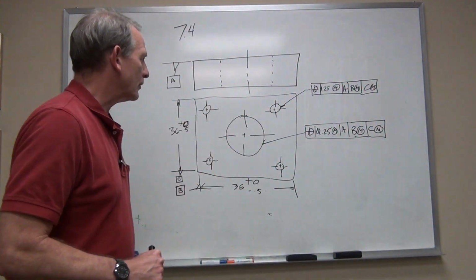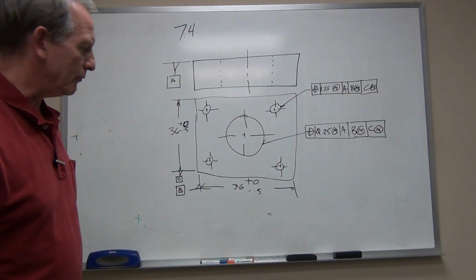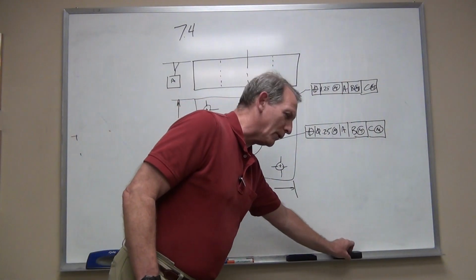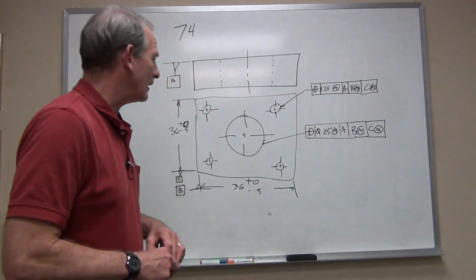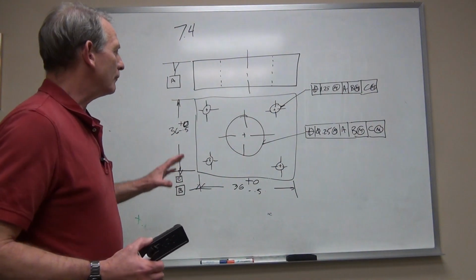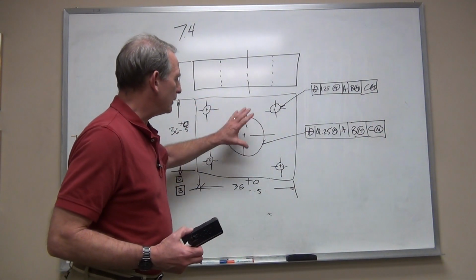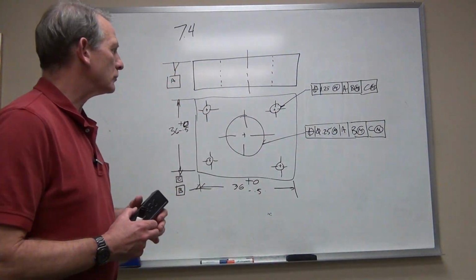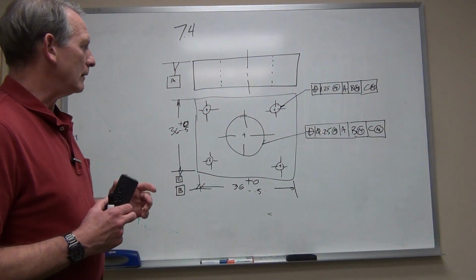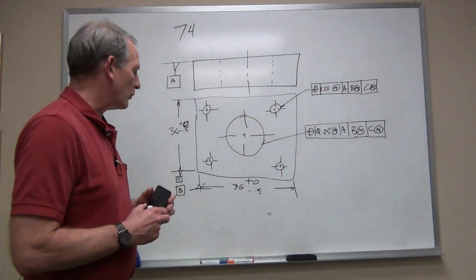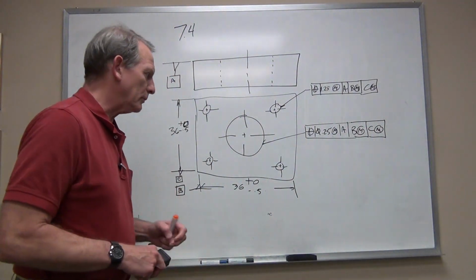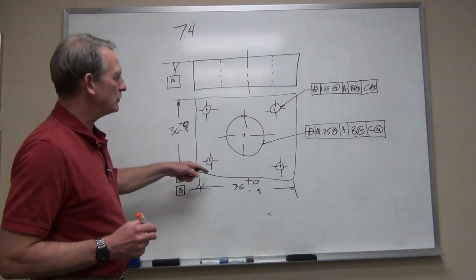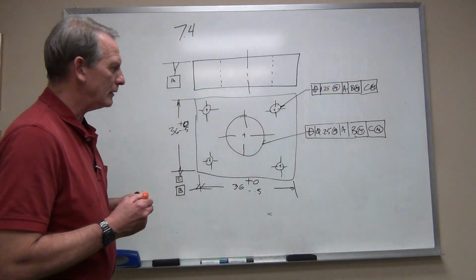Okay, so here's a perfect example of it. We have a very simple part, what I call a block with a hole in it, in this case 5 holes in it. But we have two features. We have this larger hole and then we have 4 smaller holes. And the tolerance zones for these holes, this is a positional control. We are going to set up basic dimensions locating the centers of all of these.